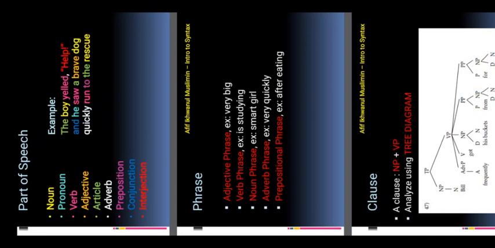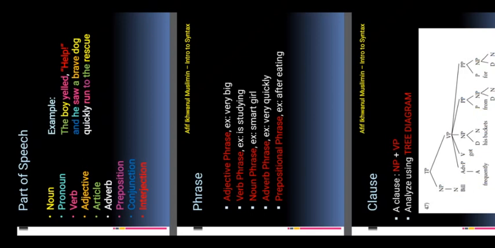For example, if the focus of the phrase is on the adjective, it is called an adjective phrase, like in very big, because the focus of the meaning is on big. On the other hand, we have is studying, because it relates to a process or action, that's why it's a verb phrase.